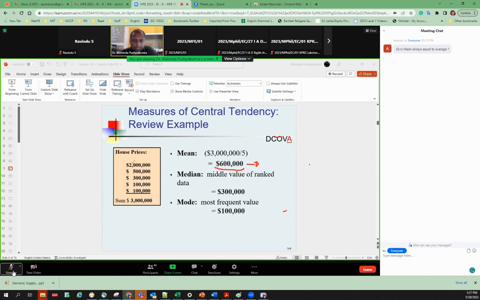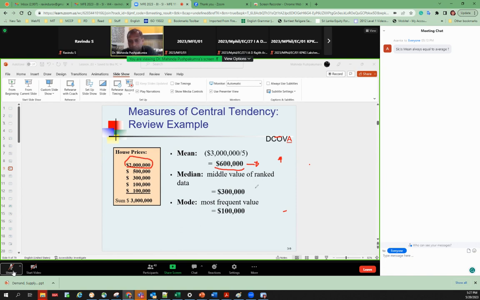Since in our data set, we have one observation of 2 million, due to this high value, the average has increased. Though the average is 600,000, it does not indicate the typical price. It is affected by extreme value.